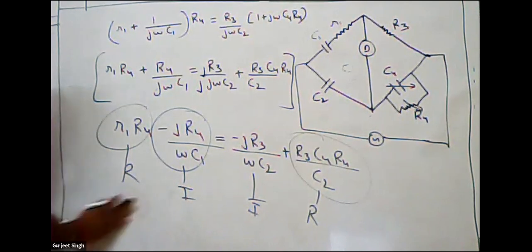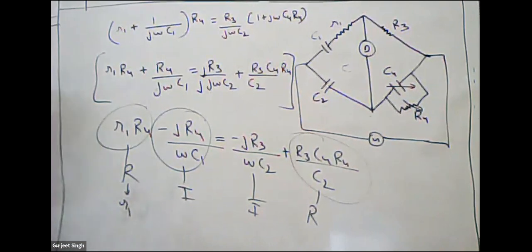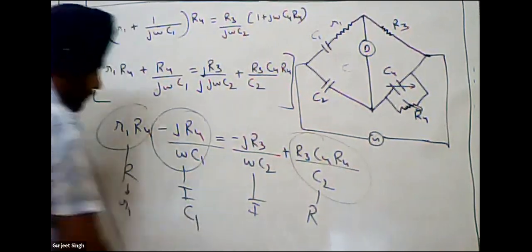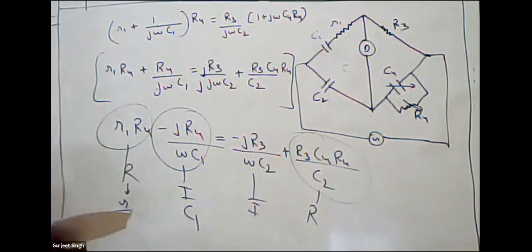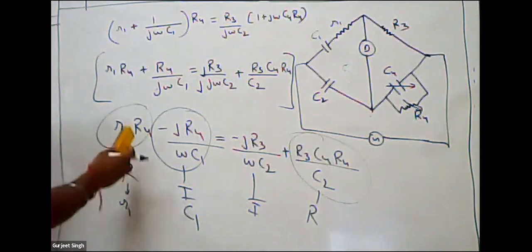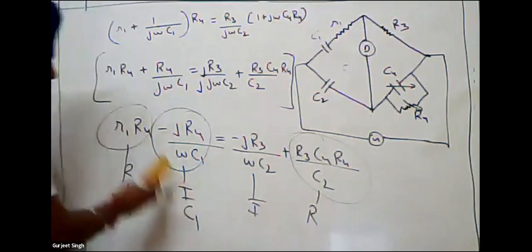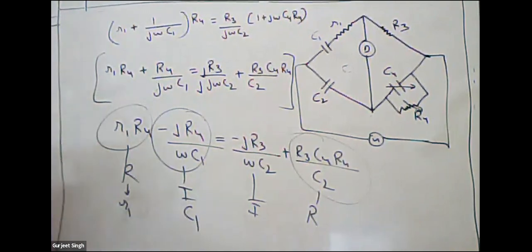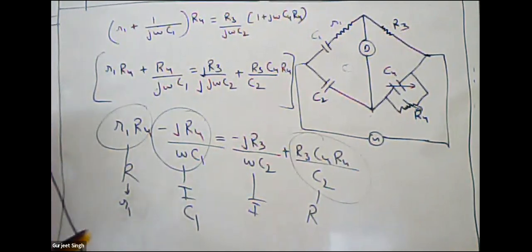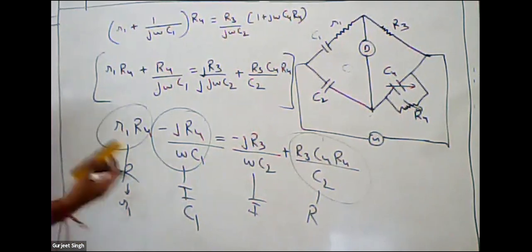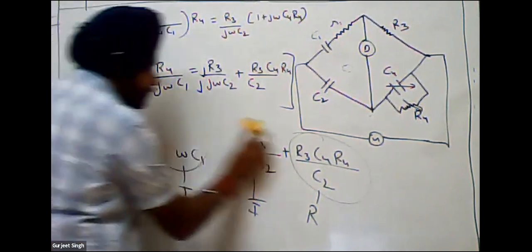By separating real with real and imaginary with imaginary, we get the value of small r1 and capital C1.